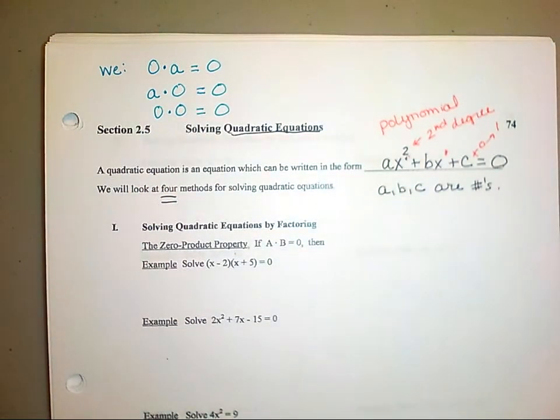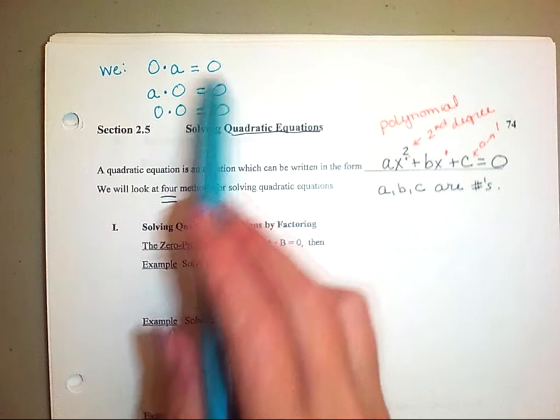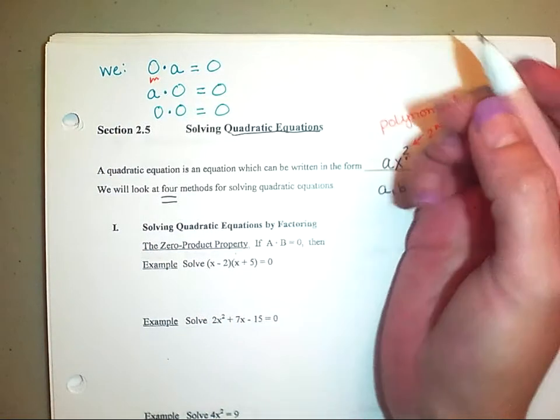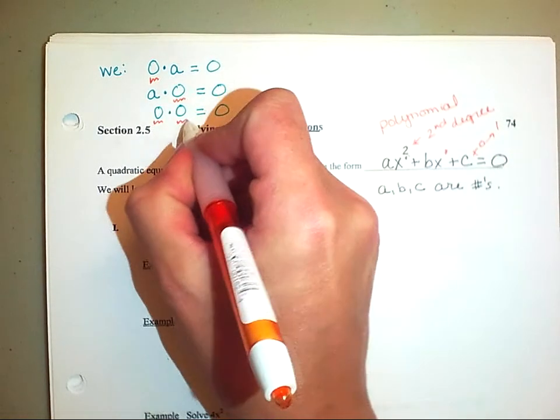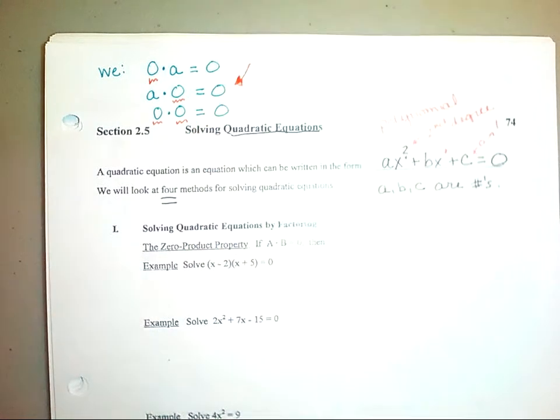Now this is a unique property to the number 0. That anytime you multiply two things together and get 0, it's either that the first thing was equal to 0, or that the second thing was equal to 0, or it could be that both are equal to 0. But the result then is 0. So that's a unique property.